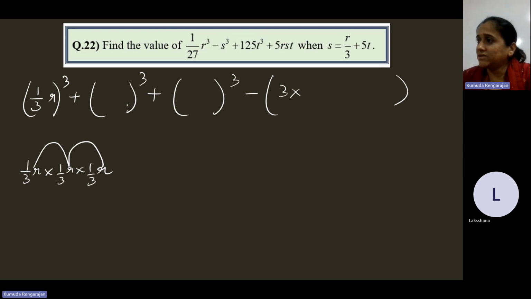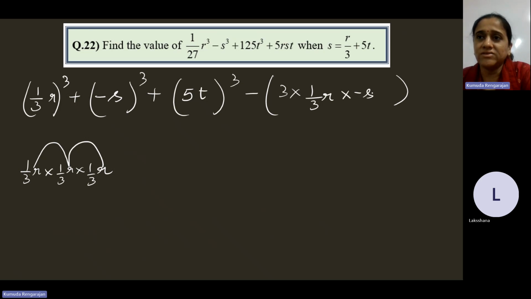So in the second bracket, S, but it's minus S. Then the third bracket, 5T. And here 3ABC: 3 into 1 by 3R into minus S into 5T.